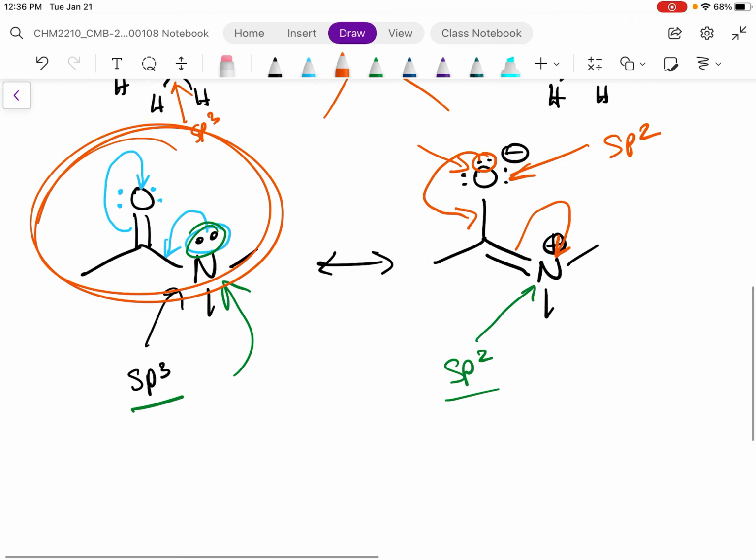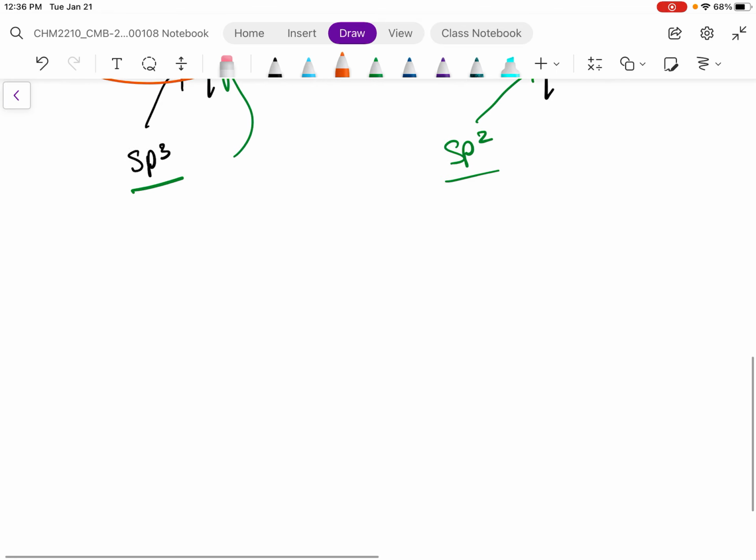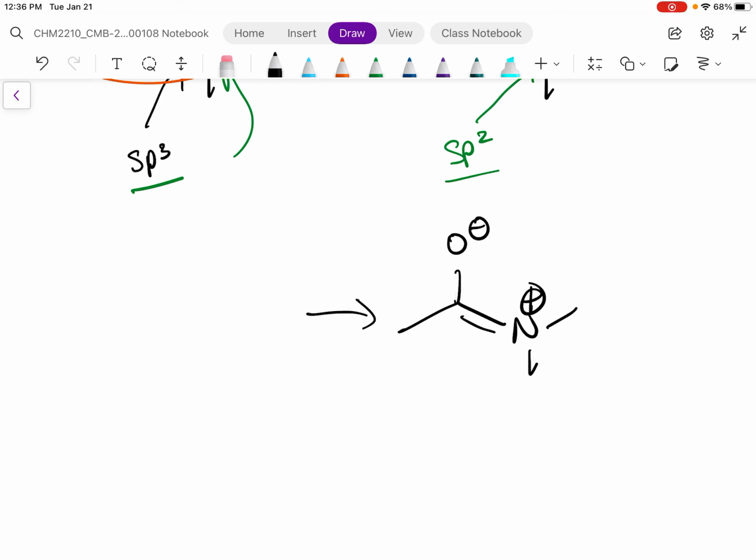Let's clean it up. Okay, we have that version, and that version. What did I tell you to do? We might call that sp3 because there's 4 groups around it.